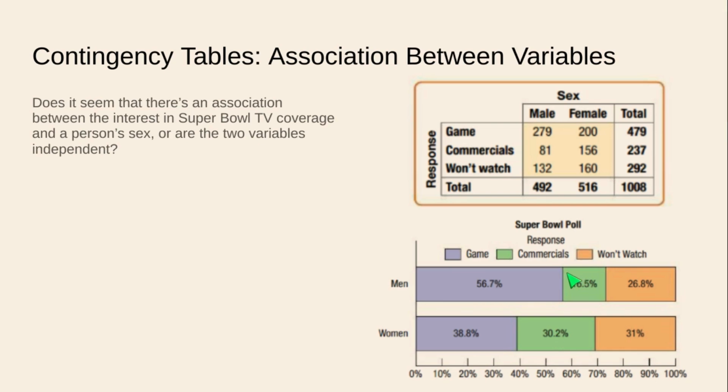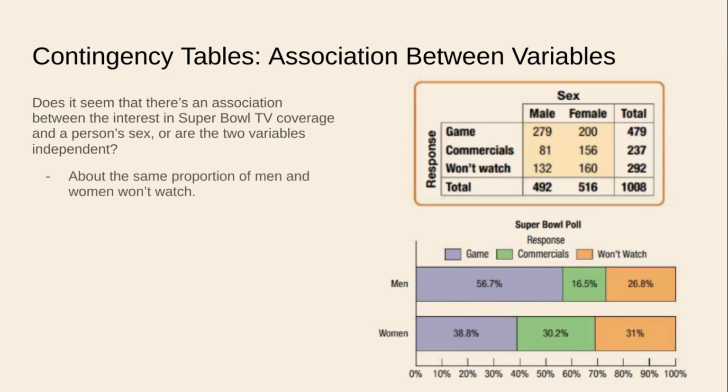These, not really, but the rest are, and that's not uncommon. If any of the sets of bars are different, that is an indication. I'm not just saying a little different, I mean very different. That is an indication that the variables sex and response to the Super Bowl are not independent.